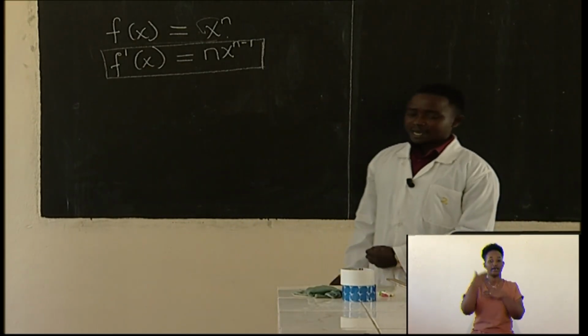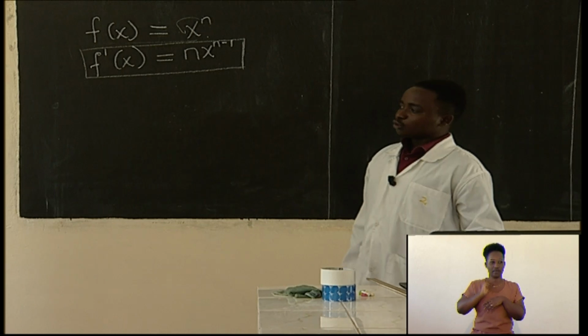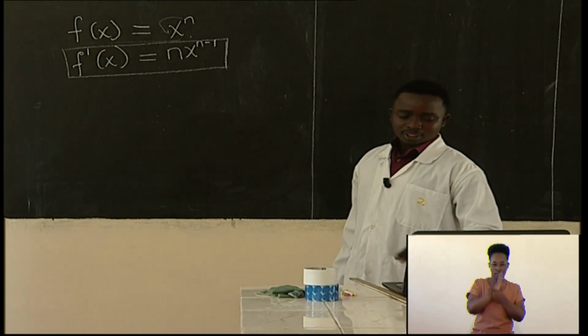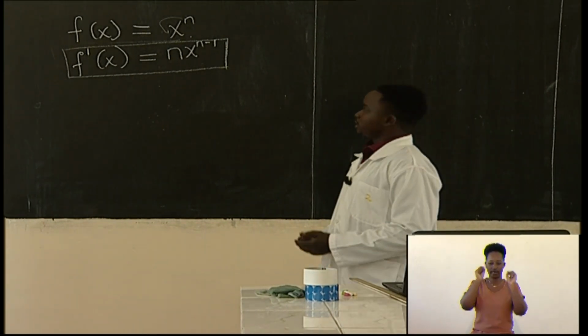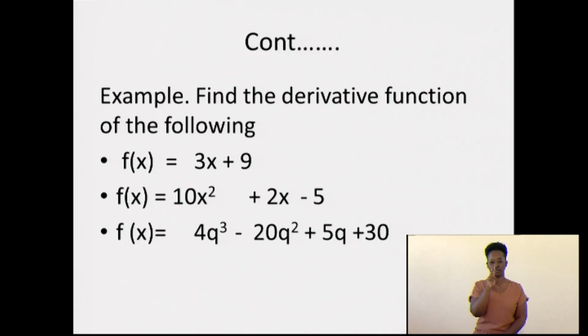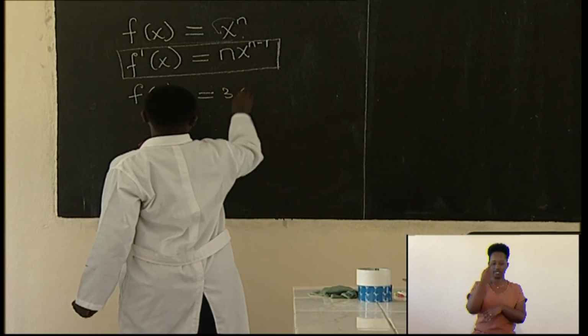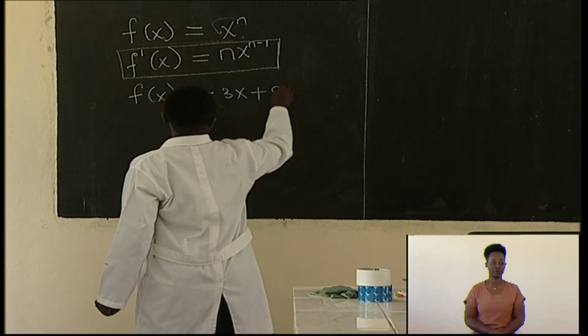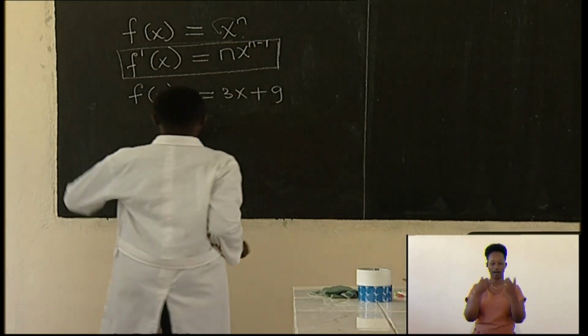Then from there, I want us to look at some examples of how we can get the derivative functions of linear equations and quadratic equations. We have these 3 functions. The first function is a linear function: f of x equaling 3x plus 9. How can you get a derivative function of this?